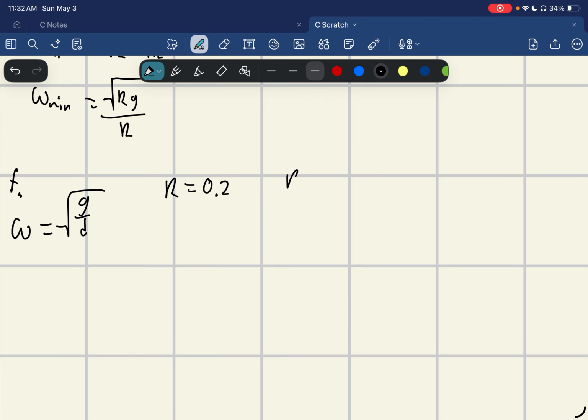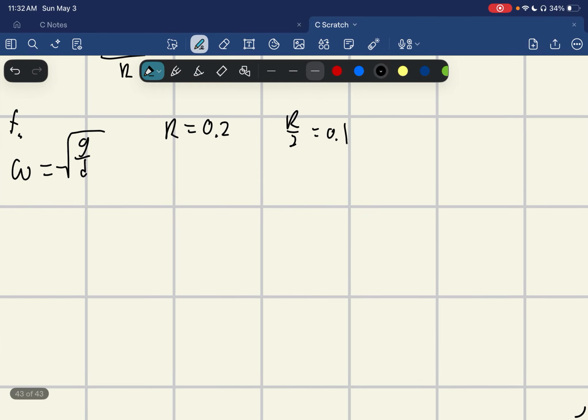So that means R over 2 is equal to 0.1 meters. Since we want to find halfway up the bowl, we can just make d R over 2. So you know that omega is equal to radical g all over 0.1, and that would equal radical 98.